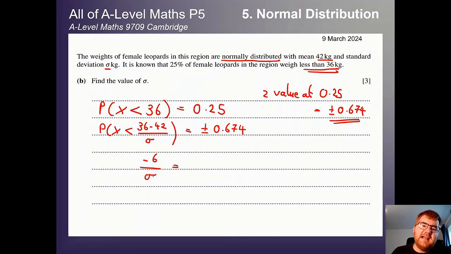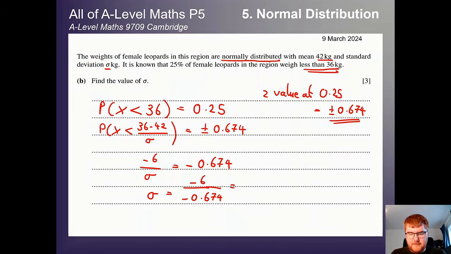Now, in order to get a positive at the end, because the standard deviation we only work in positive numbers, this needs to be a negative 0.674. So then we can just easily work out that the standard deviation will be minus 6 over minus 0.674. Pop this into the calculator. So minus 6 divided by minus 0.674.